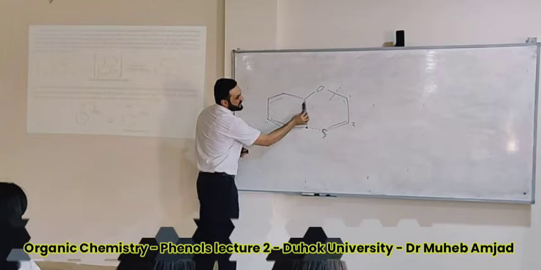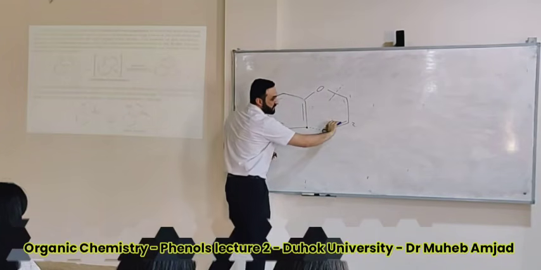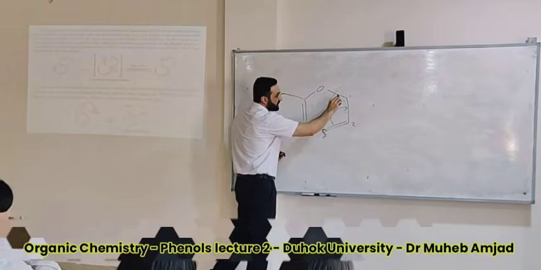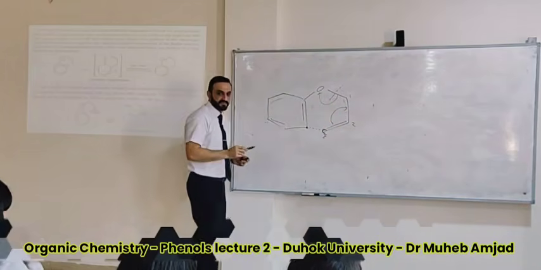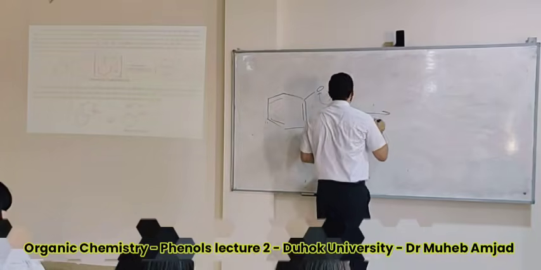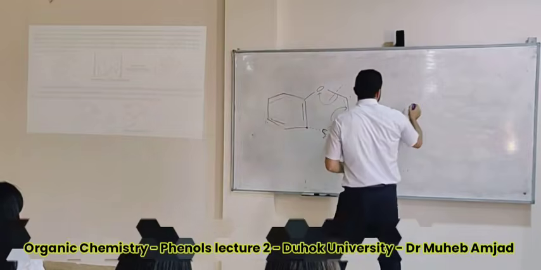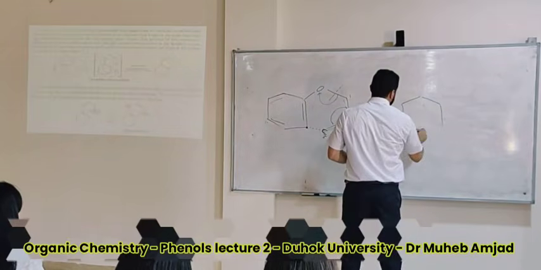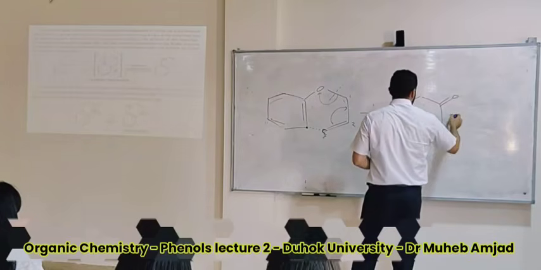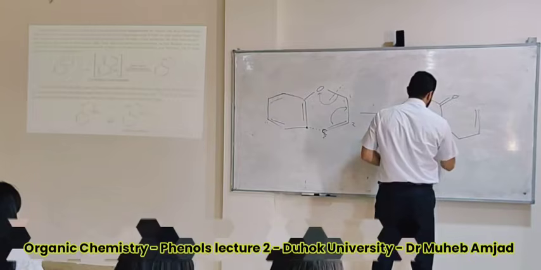This double bond will open to make a new bond, and this double bond will be converted to here, and this double bond will open to the oxygen. This gives you this intermediate: oxygen, this new bond, 1, 2, and we have hydrogen.